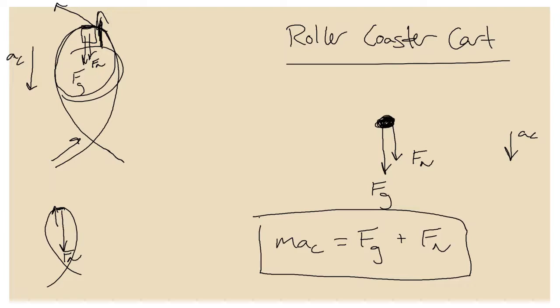I want you to think about what happens when the roller coaster gets faster and faster, and slower and slower. Let's start with the slower first. Let's say the roller coaster is going really, really super slow. Well, at some super slow speed, it's just not going to be enough to make it up the track.